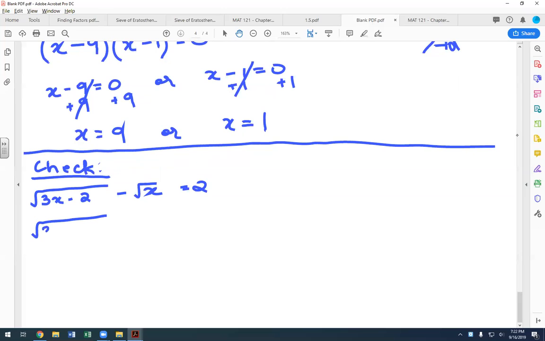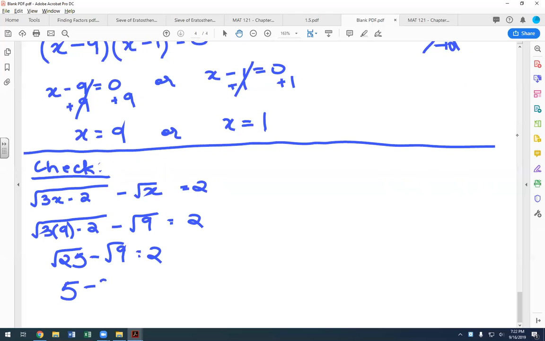Square root of 3 times 9 minus 2, minus square root of 9. What's 3 times 9? 27 minus 2? 25. So square root of 25 will be 5. Square root of 9? 3.